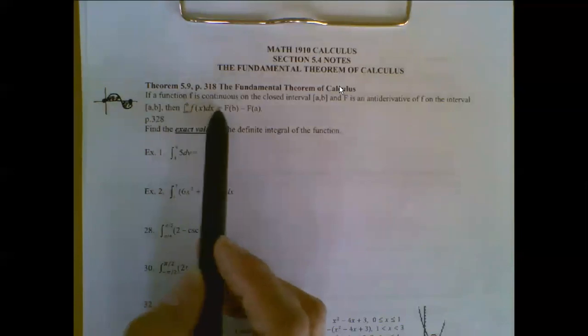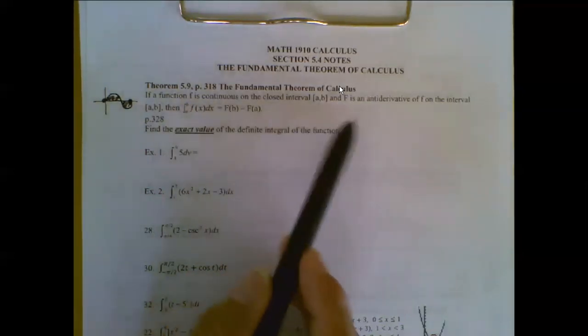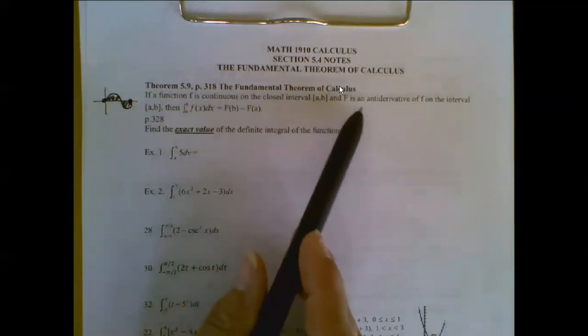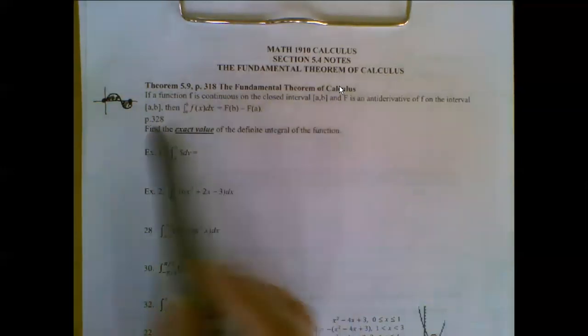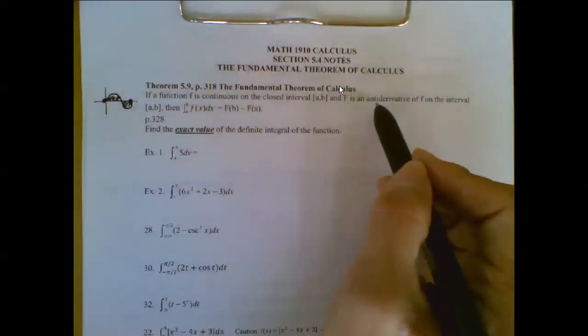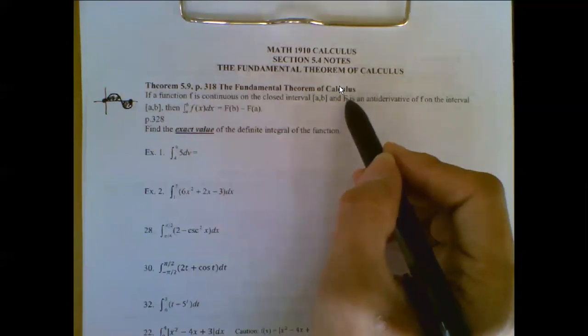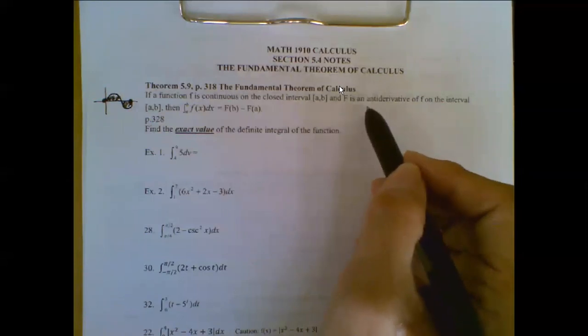But if a function is continuous on a closed interval from a to b, and F is an antiderivative of the function on the interval from a to b. Now remember, if we integrate a function, we find the antiderivative. That's a whole family of antiderivatives.